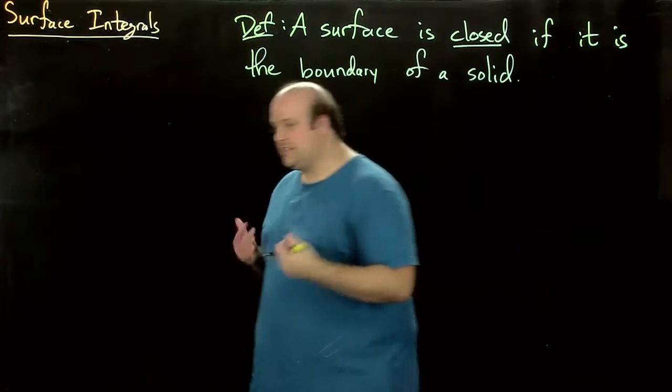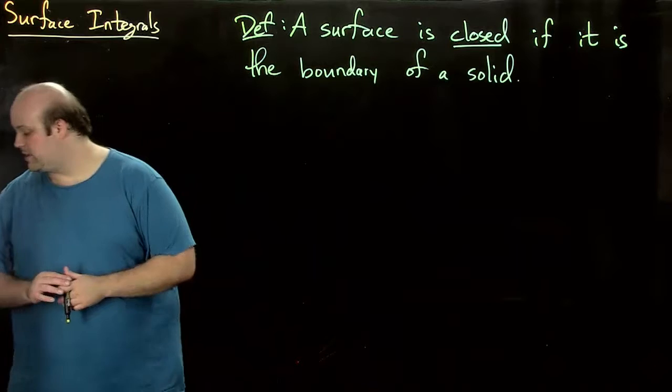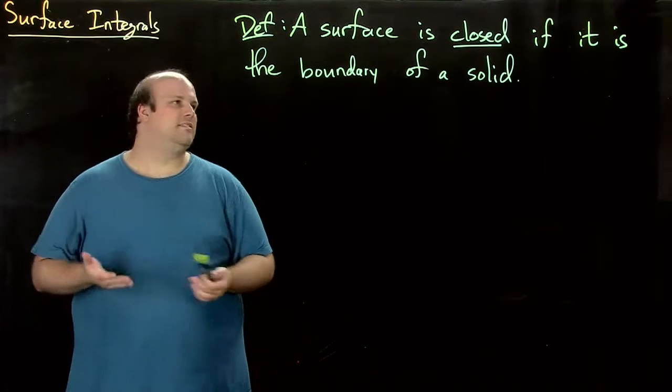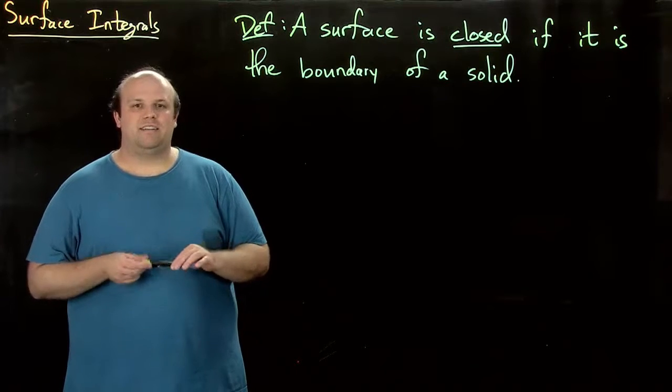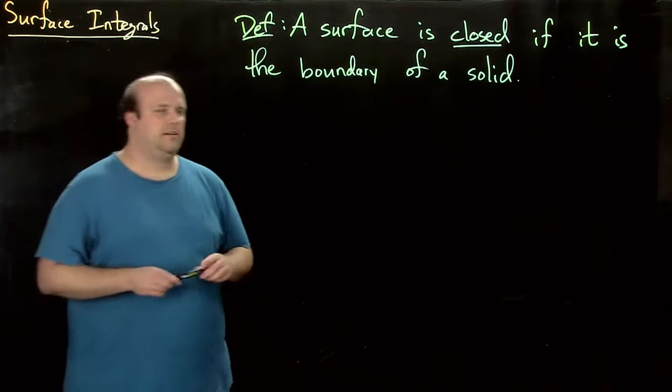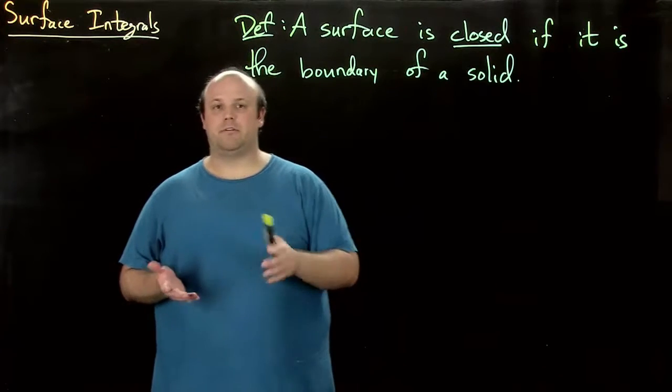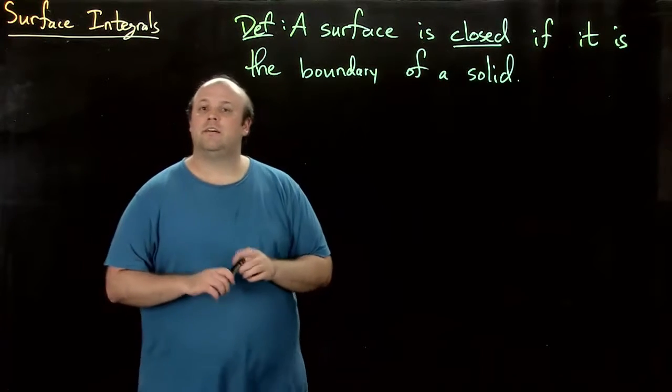That's the easiest way to think about it. You could also say it's compact and has no boundary, but for our purposes, a surface is closed if it's the boundary of some solid object.